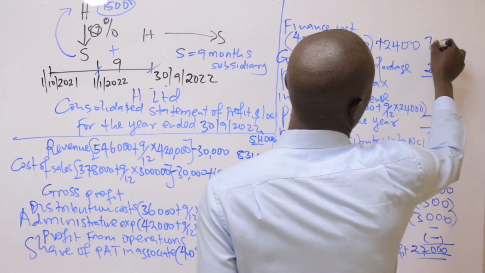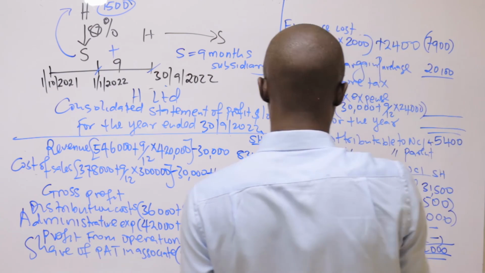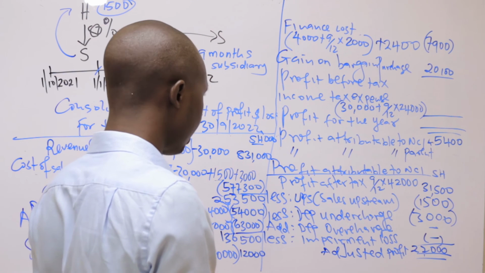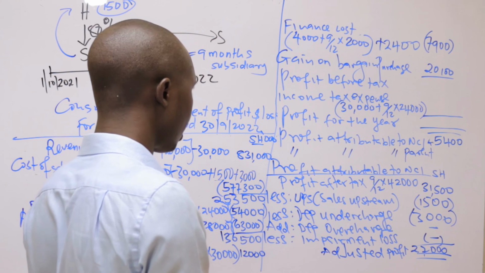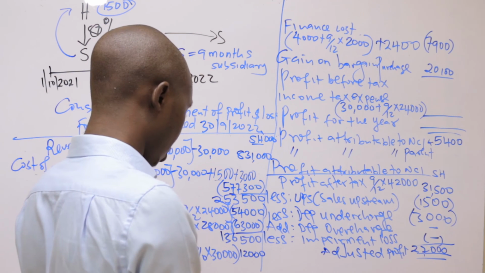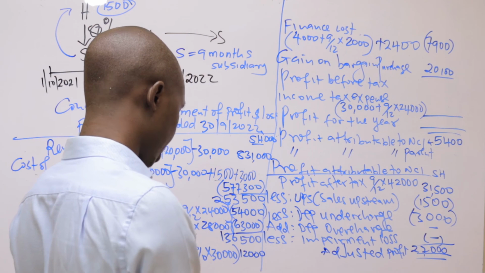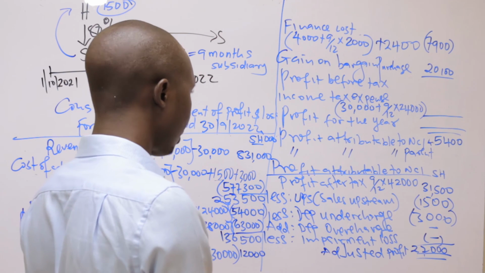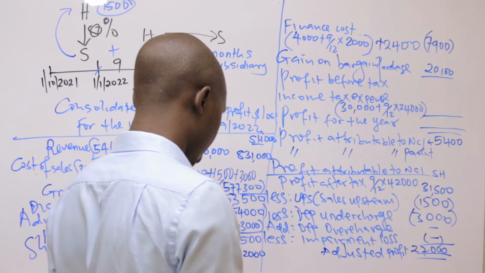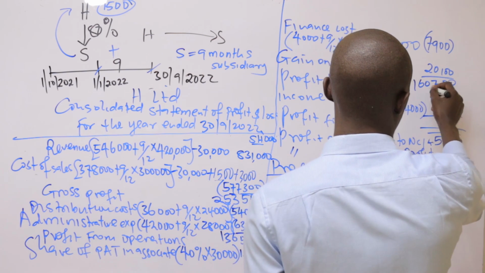This is 79,000. This one you deduct, this one you add. So 136,500 plus 12,000 minus 79,000 plus 2,100. So this is 160,700.